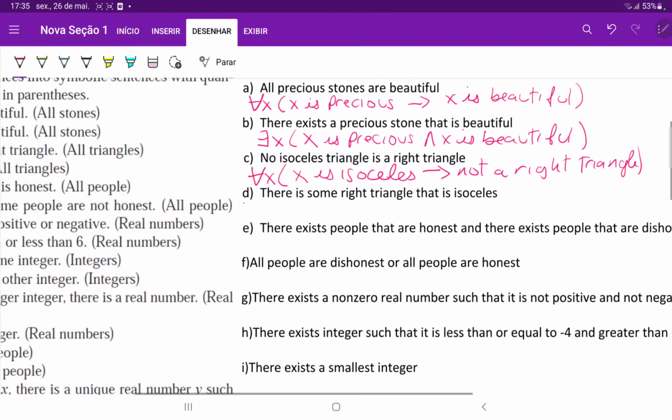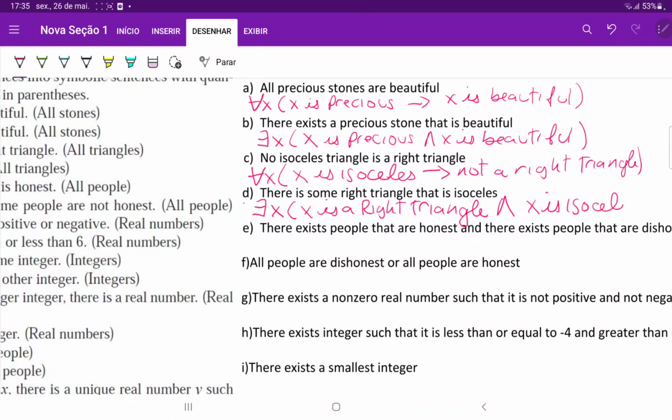Oops, I wrote isosceles. Okay. D, we have an existential, right? So there exists an x such that x is a right triangle and x is isosceles. Let's see. Yep, that is correct.